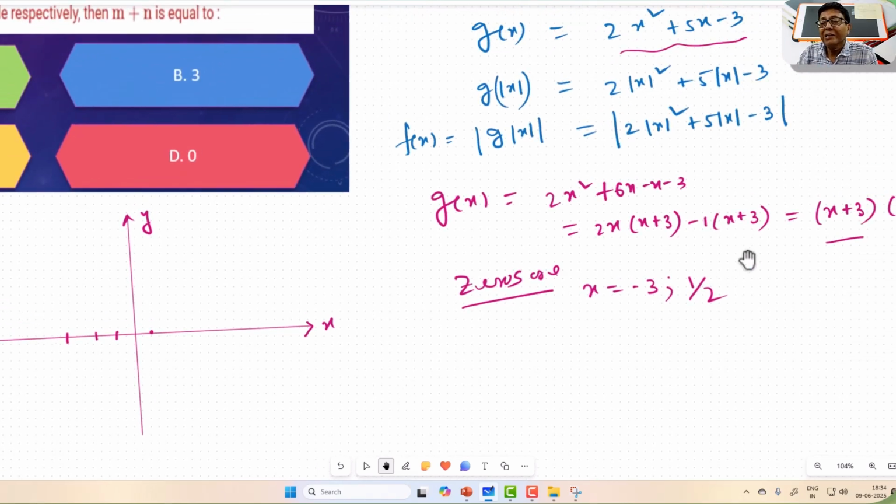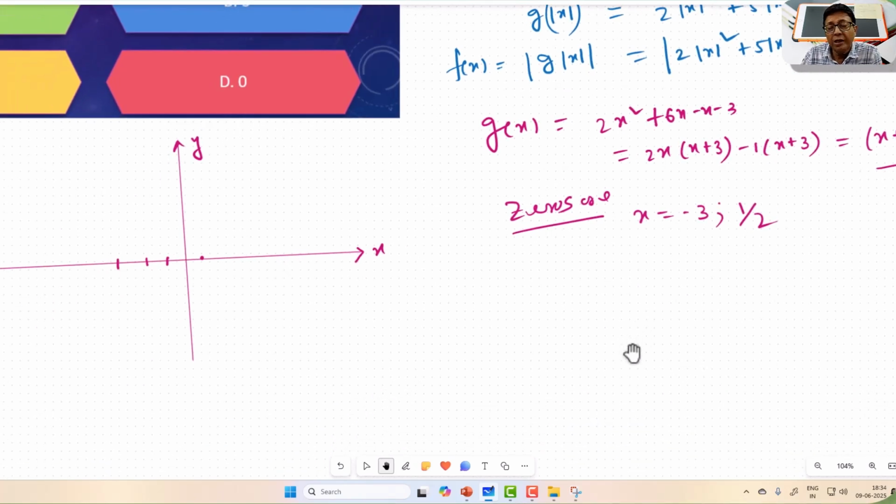And with the y-axis, see, for x equal to 0, g(0) is going to be minus 3. So you get some idea about the graph now. This is minus 1, minus 2, minus 3.